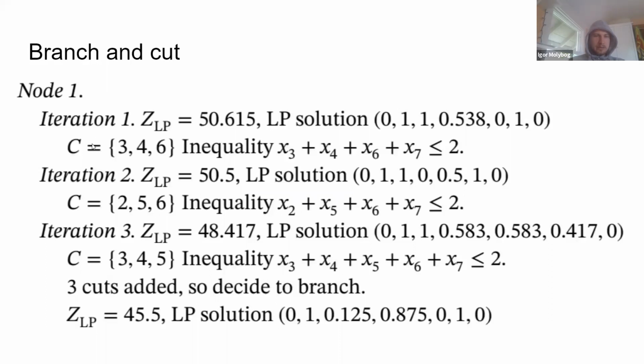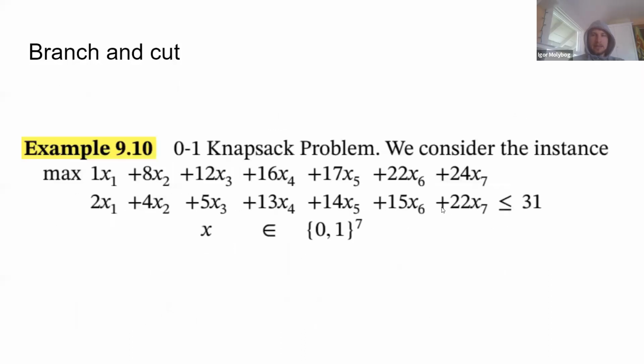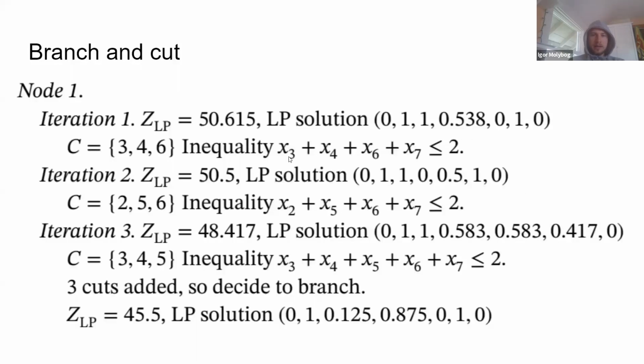Therefore, it's a cover indeed, and we can construct a corresponding extended cover inequality that consists of actually 4 variables: x3, x4, x6, and x7, because x7 belongs to the extended cover, because 22 is bigger than all of the other coefficients. So the inequality is x3 plus x4 plus x6 plus x7 less than or equal to 2, and we add this inequality to our problem.